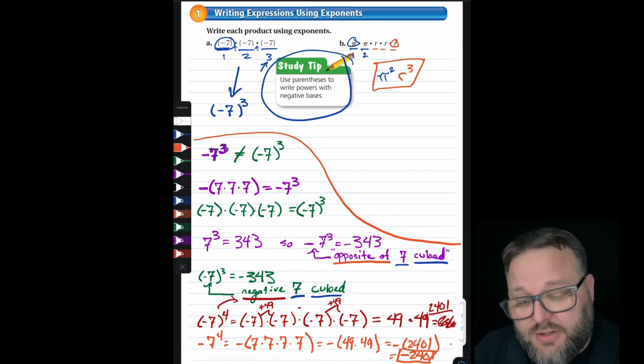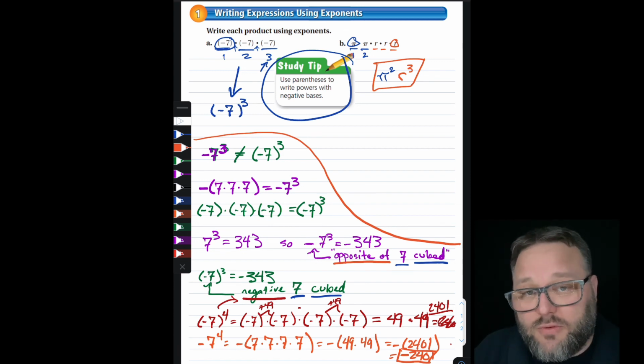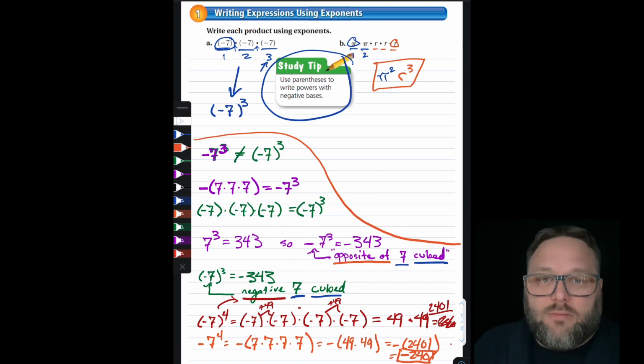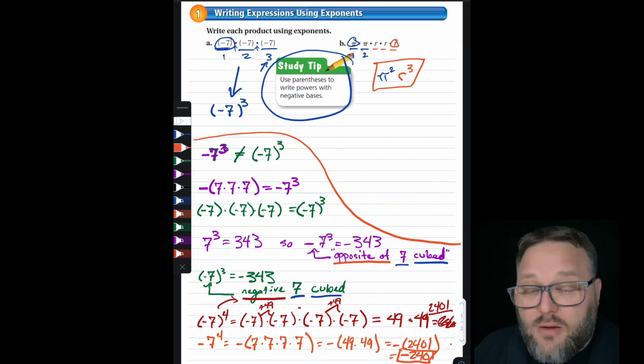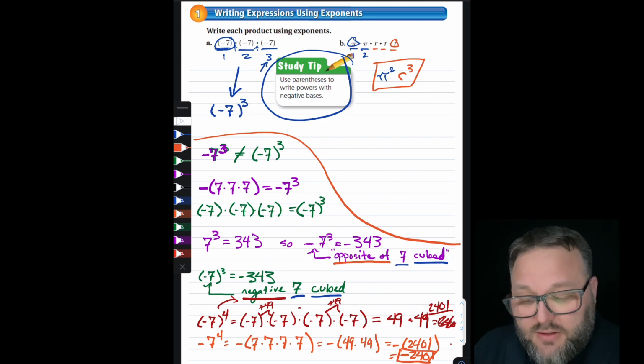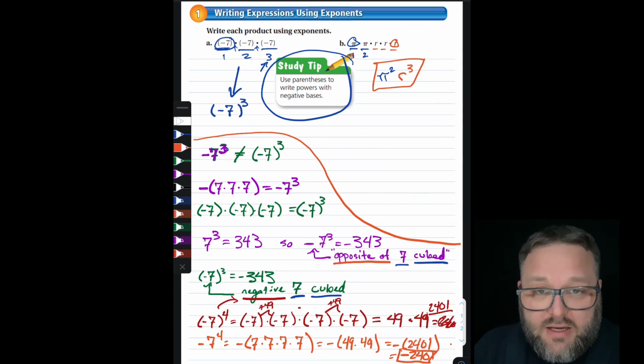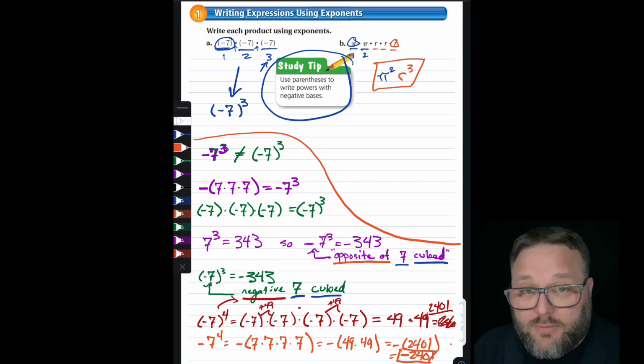We don't need a multiplication symbol, because anytime we have variables sitting next to each other, it means multiplication. And if we had a number in front, that would also mean multiplication. So that's it for this one. I know it's a longer one, but there's a lot of understanding that we gotta get onto and start with when we have these negatives and parentheses when it comes to exponents.